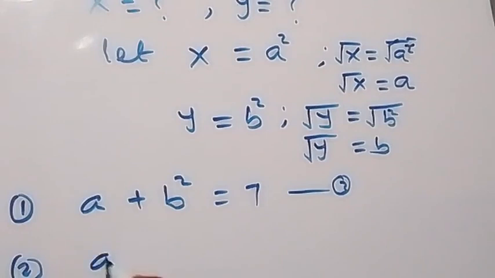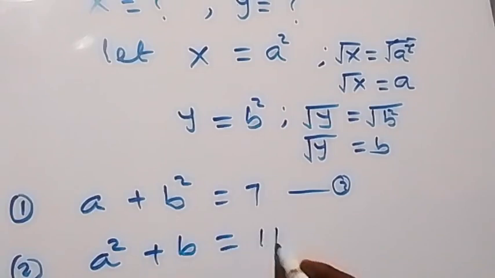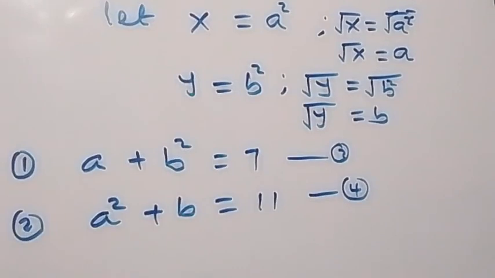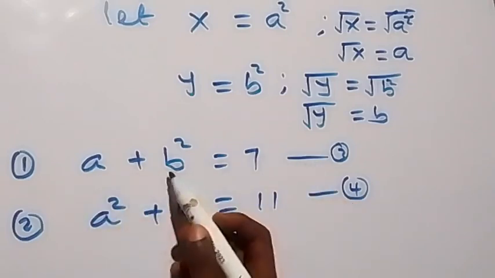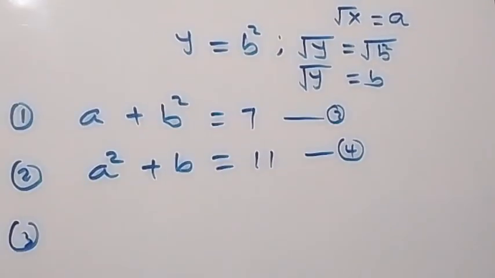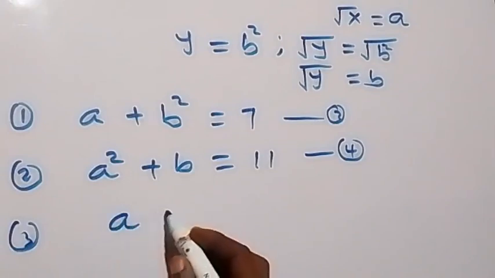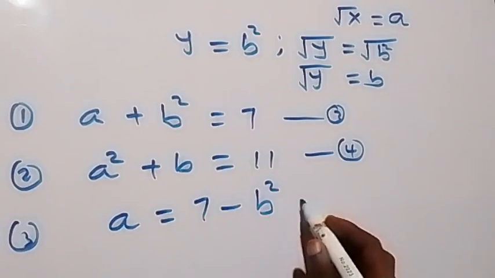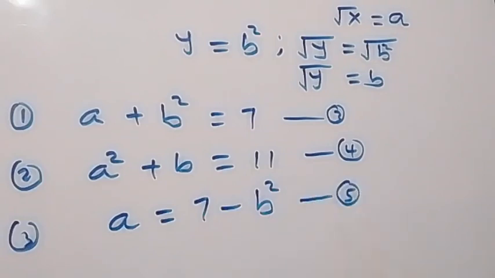So we have a square plus b equals 11, and let this be equation 4. From equation 3, let's take b square to this side, so a will be equal to 7 minus b squared, and let this be equation 5.